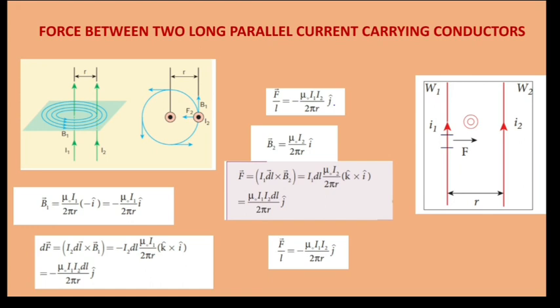So mu 0 I1 I2 dl by 2 pi r j cap. So the force acting per unit length of conductor A due to the current in conductor B is F by L is equal to mu 0 I1 I2 by 2 pi r j cap.